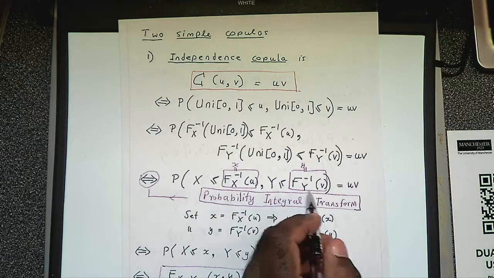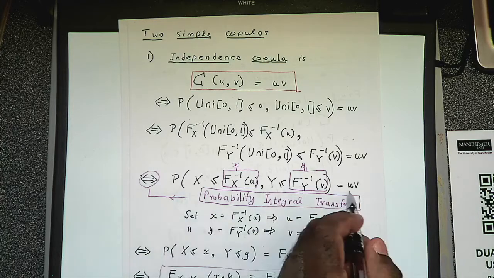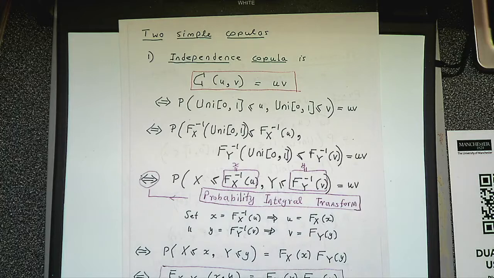Then this guy here reduces to this, where, because x is equal to this, u must be the CDF of x at x. And because y is equal to this, v must be the CDF of y at y. All right, so this equation here becomes this.